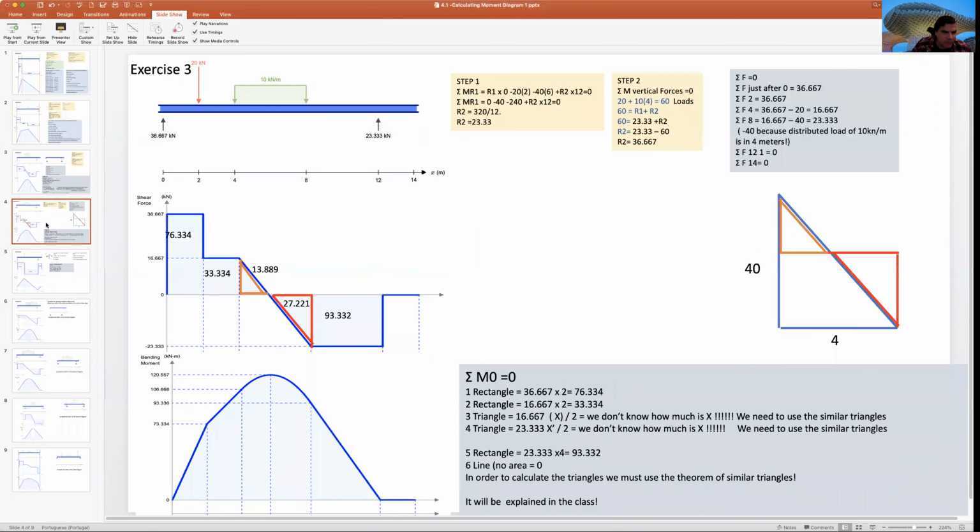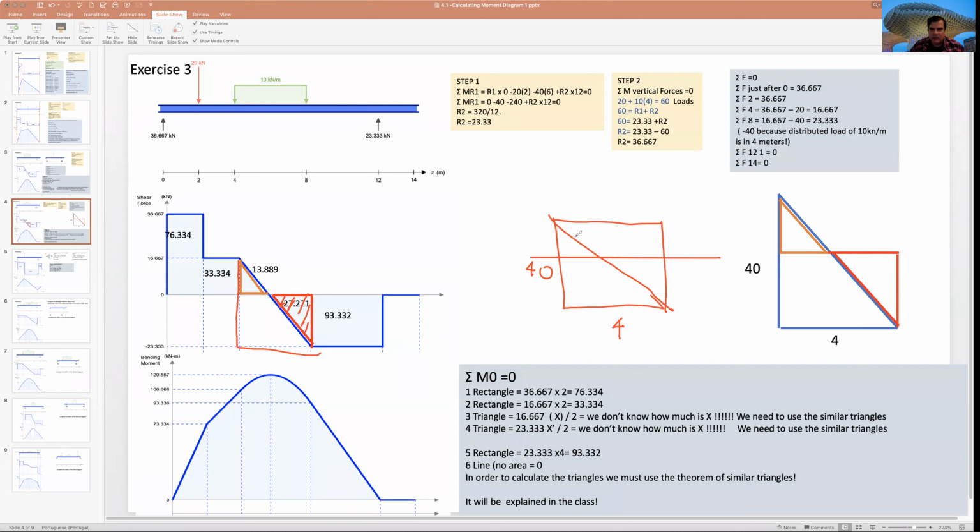For example, you will make a triangle that is the big one. Why the big one? Because it's the one where you know the numbers. And you calculate the proportions, and in this case it is 40 by 4. If you want to calculate this triangle, it will be the same as having another triangle there, and you divide it into parts.